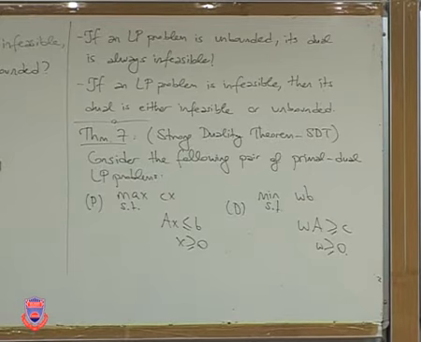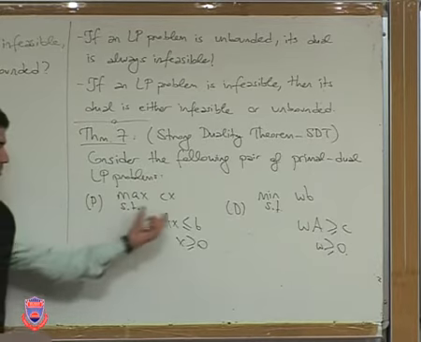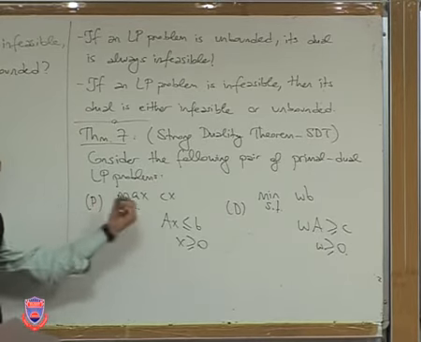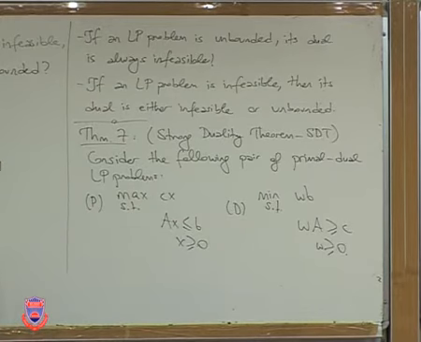Now we're going to show that the optimal values of these two problems are always the same. In other words, they always meet at some common point. The Cx value and the WB value always meet at the same point.